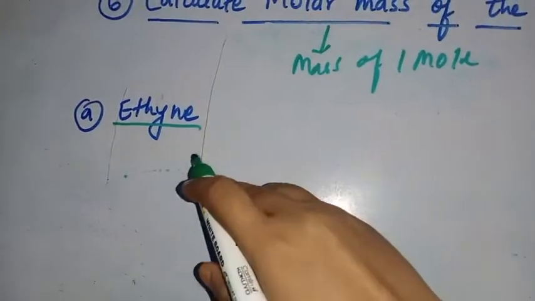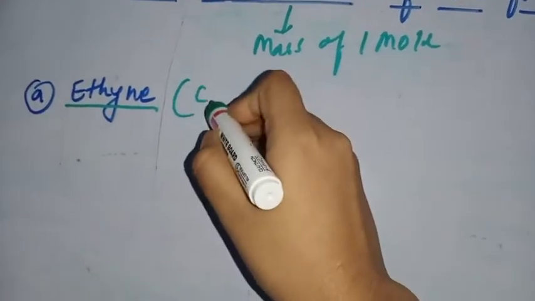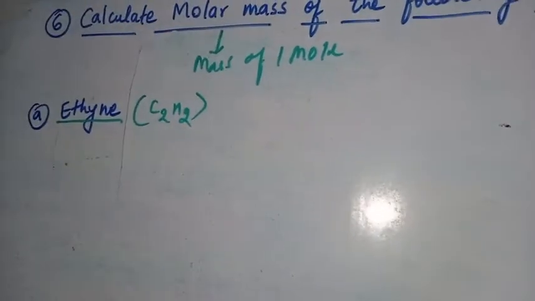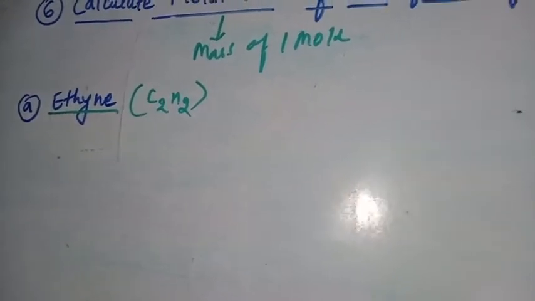The first one is ethyne. When you see the chemical formula of ethyne, it is C2H2. And to calculate the molar mass of ethyne, we have to first calculate the molecular mass of ethyne, that is mass of 1 molecule of ethyne.